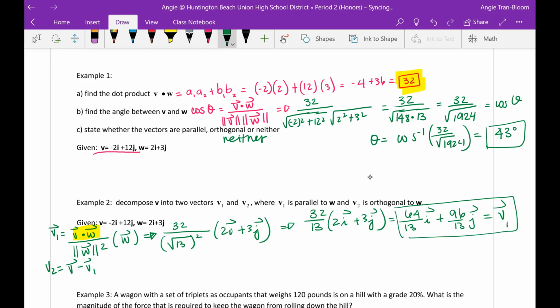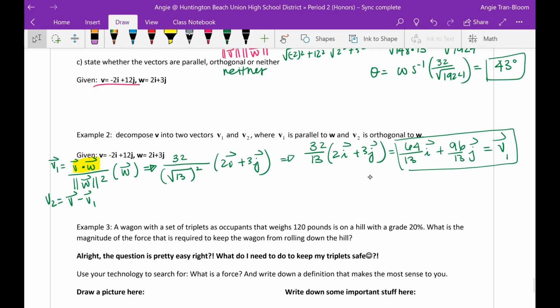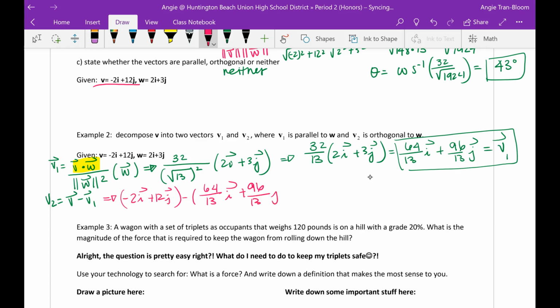To get V subscript 2, you need to take away V1 from V, which is negative 2i plus 12j. Take away your V1, which is 64 over 13 i plus 96 over 13 j. I'm going to convert everything into a common denominator of 13.